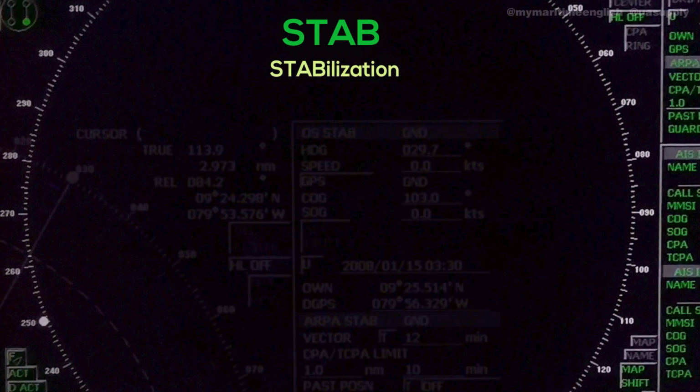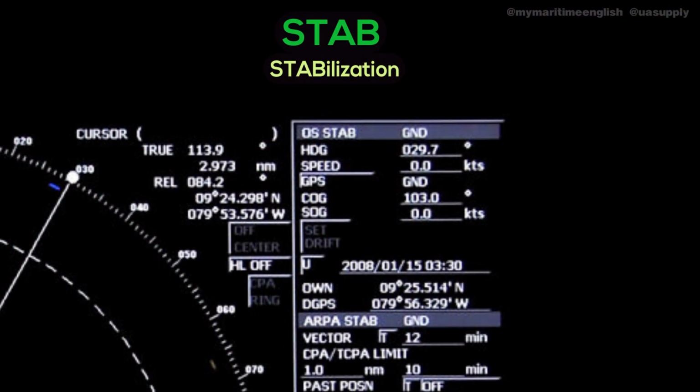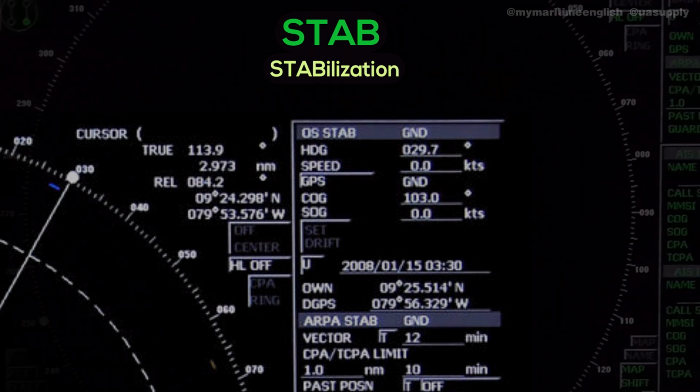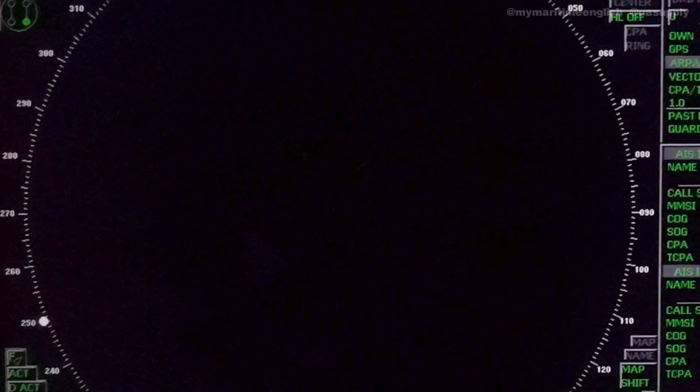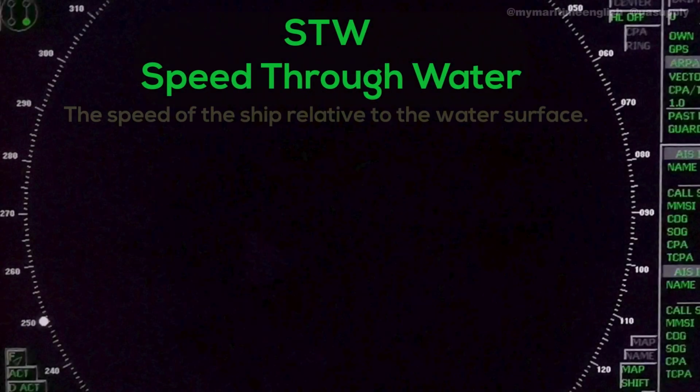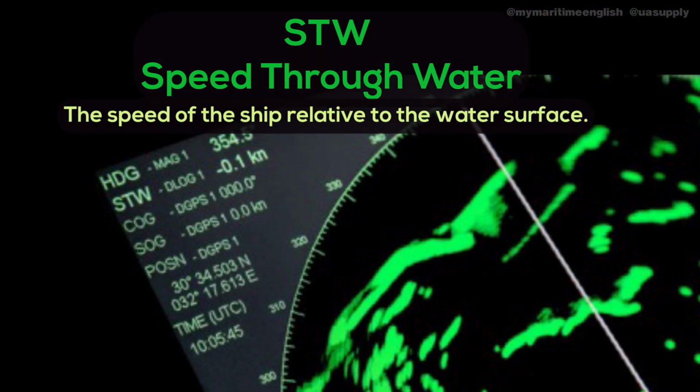STAB, stabilization. STW, speed through water, the speed of the ship relative to the water surface.